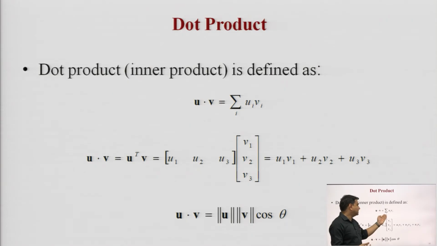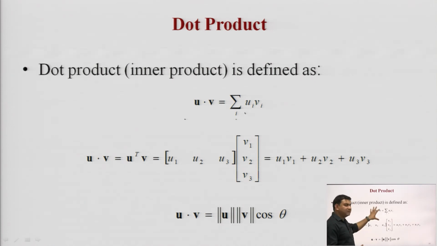Then this is represented with i equal to 1 to n, and sigma represents the summation of all the terms. It means the summation of u1 v1, u2 v2, u3 v3, and so on, in however many dimensions these two vectors are described.